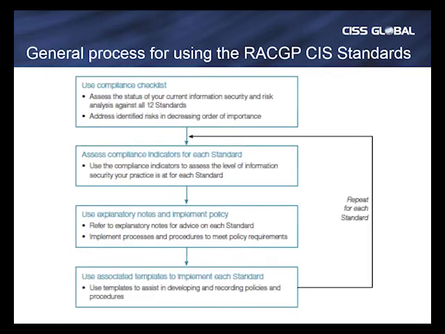So when we look at the RACGP Computer and Information Security Standards, if you haven't had a look at them already, they're accessible from the RACGP website, and they are structured such that at the very beginning of the document it explains how you can go about using the standards themselves.